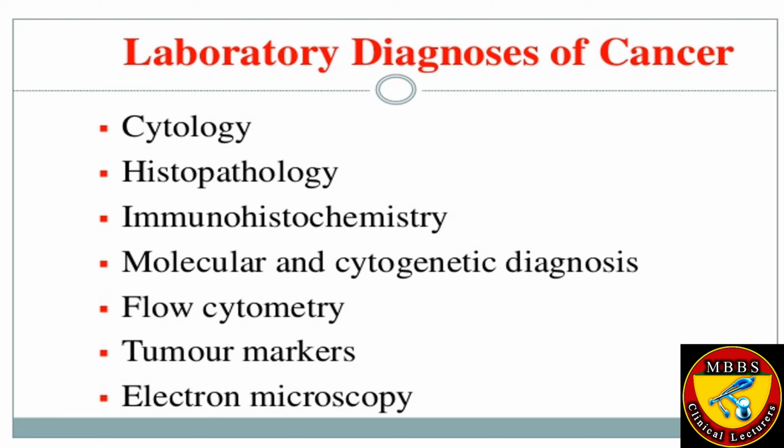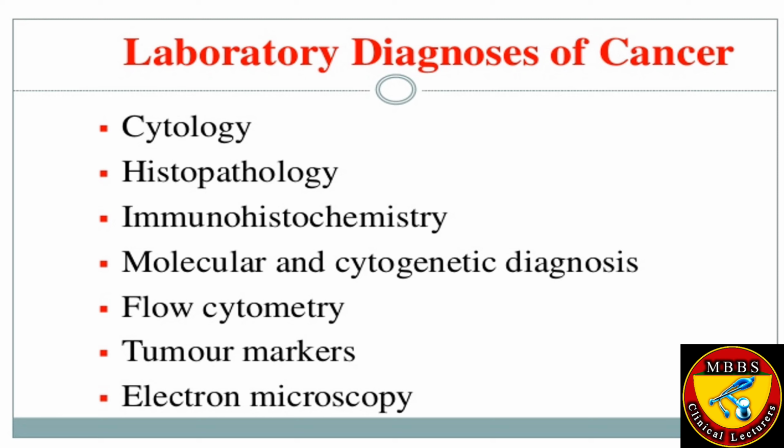And in immunohistochemistry, certain chemicals are going to be expressed in the tissues, with which the surface antigens and antibodies will form complexes and give us a particular color or colorful presentation. With this, we are going to confirm the diagnosis. So immunohistochemistry is also helpful in diagnosing certain tumors.